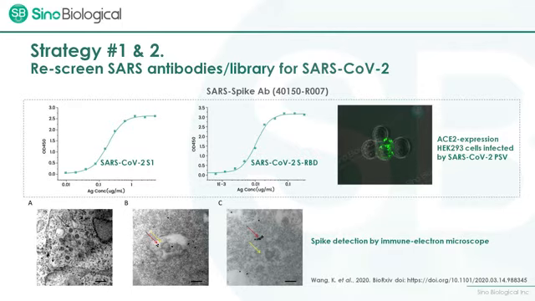The bottom part of the EM picture is from one of the references, which is citing our products. For this monoclonal antibody product, you can see we got very good EM results, showing that we have successfully obtained one spike antibody which can recognize the SARS-CoV-2 spike.